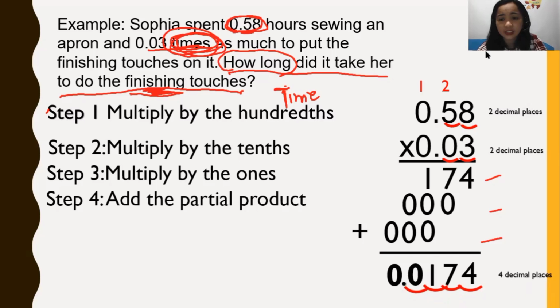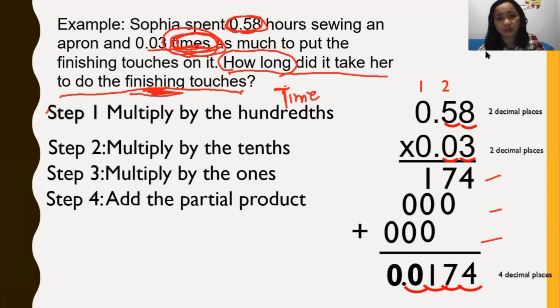So the answer is 174 over 10,000. Our product has 4 decimal places, since we have 2 decimal places in our multiplicand and 2 decimal places in our multiplier.